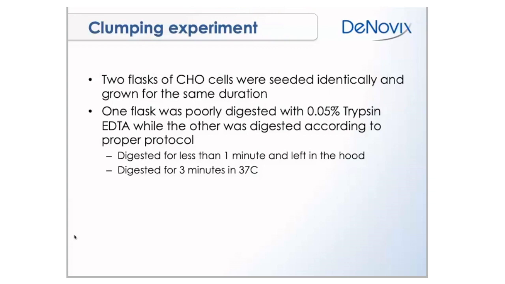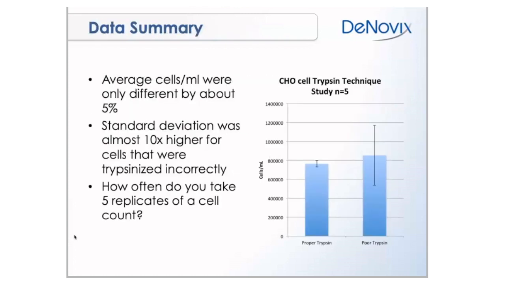I just let it digest at room temperature, left it in the hood for about a minute, and then took the flask, smacked it with my hand to try and dislodge anything, and then I added my media. The other one I digested according to protocol. So I put it in the incubator at 37°C and let it sit for 3 minutes before I pulled it out.